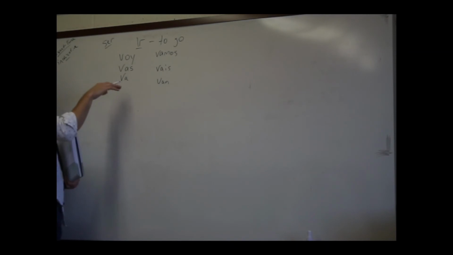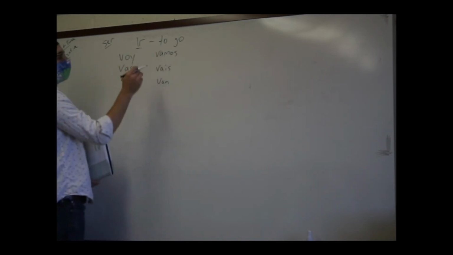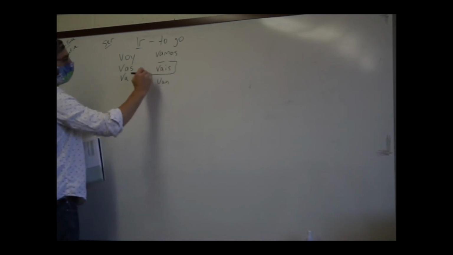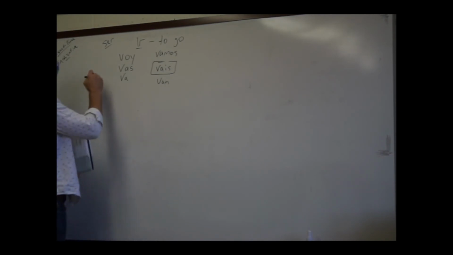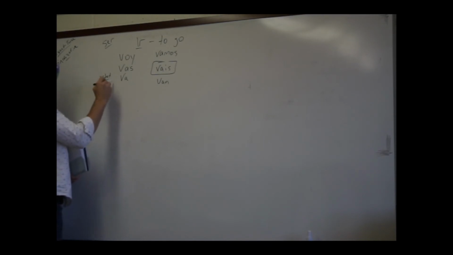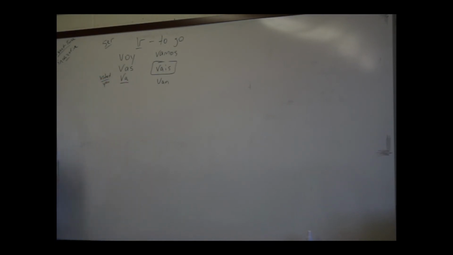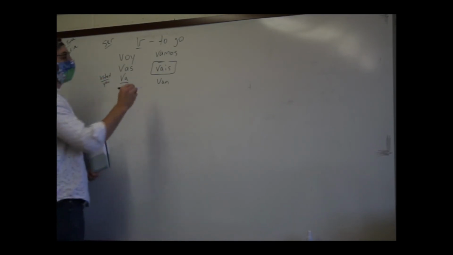Or usted va, which is you go, formal. We go, you all go. And as a reminder, I'm teaching that one because you should know all the conjugations, but we don't actually use that one in South America. If you're going to say you all do something, then you add usted, which means you, and then you use this one, va. Or you all is ustedes.